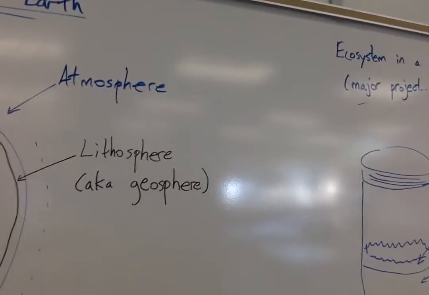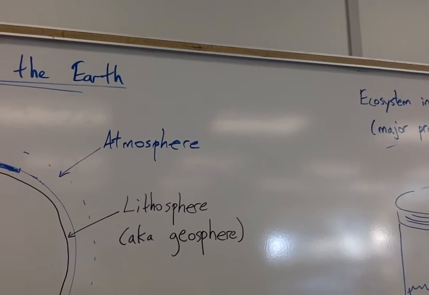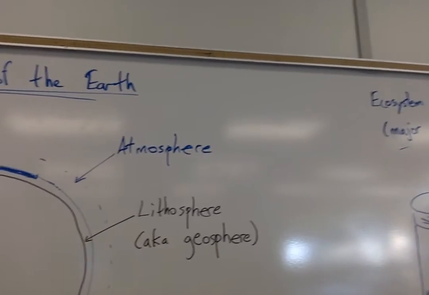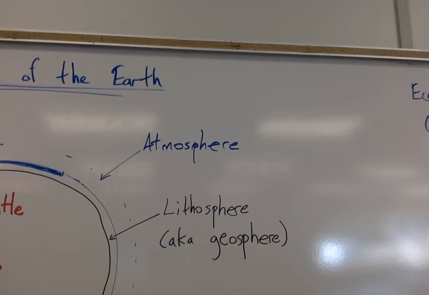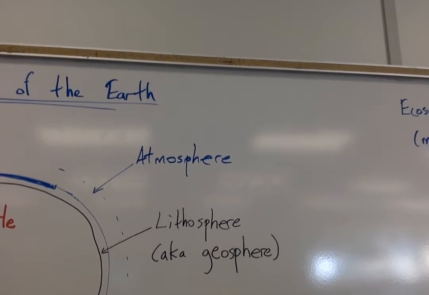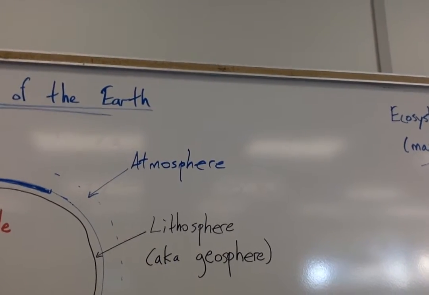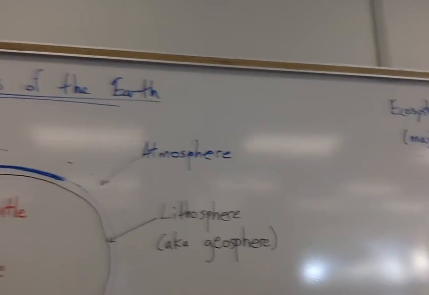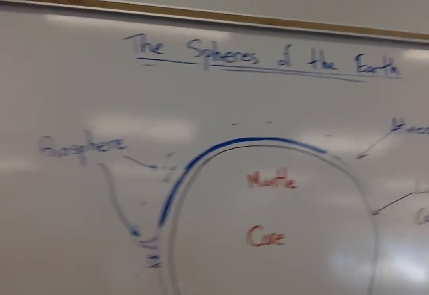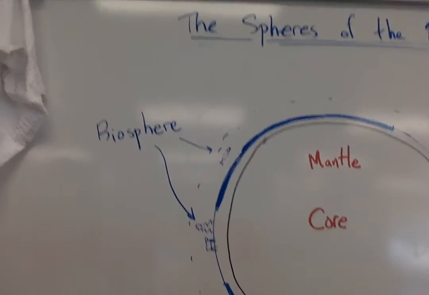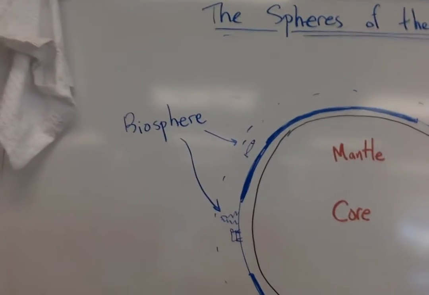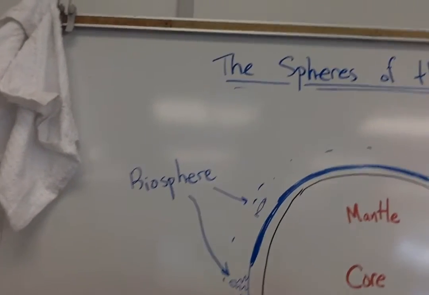The air, the gaseous sphere above us and around us, you all will know by now that it's called the atmosphere. We're going to look at the atmosphere and the substances that are contained in the atmosphere for this unit. The atmosphere, the lithosphere, the hydrosphere, they combine to support life on Earth.